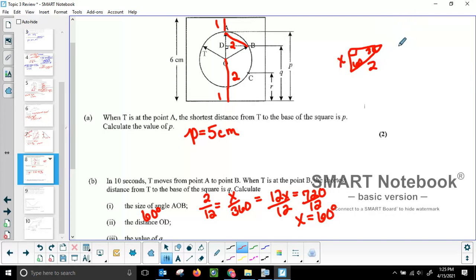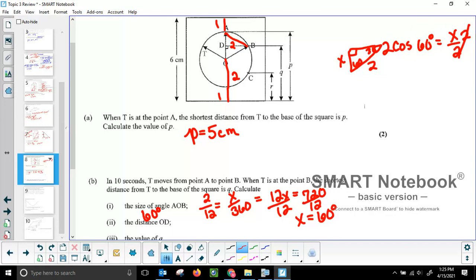Well, we can just use SOHCAHTOA. We can pick either of these angles. I'll just pick this one, so this would be adjacent over hypotenuse. So the cosine of 60 degrees is equal to x over 2. So you just multiply both sides by 2.